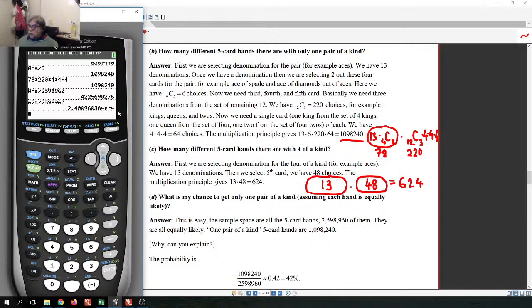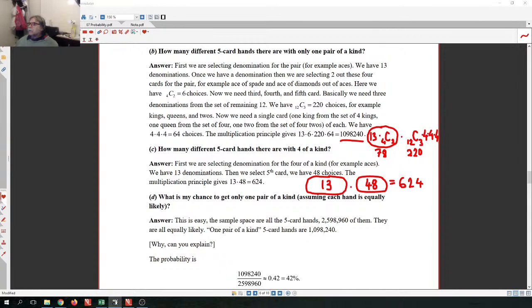This -4 means that I have to move the floating point 4 places, so it's going to be 0.0002 and on, approximately 2.5% of a 1%. Or, if you go for the nearest percent, it's approximately 0 chance that you're going to see 4 of a kind in a random dealing of 5 cards, unlike in the movies in which you see that all the time.